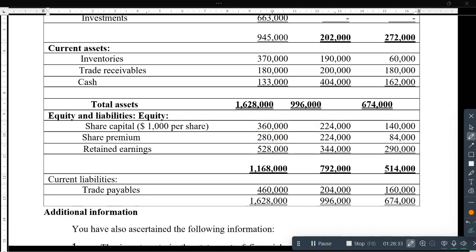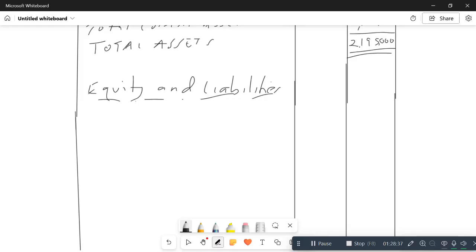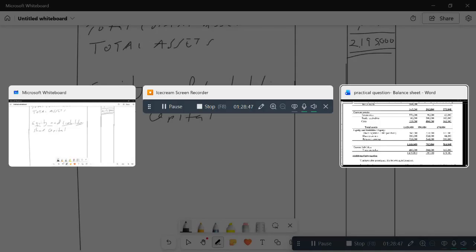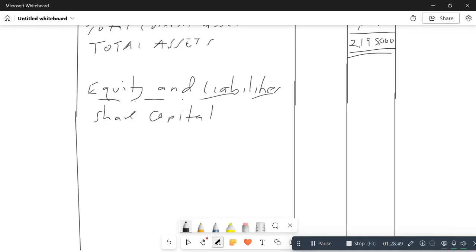The share capital, 360 for parent, we take that one. Share capital is 360. Good. Then we have share premium.